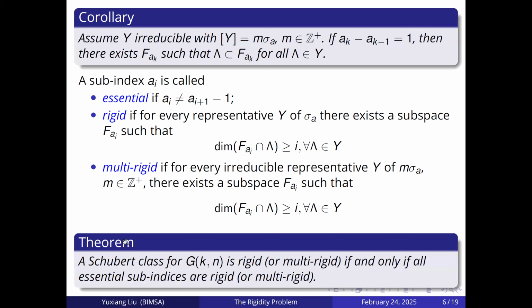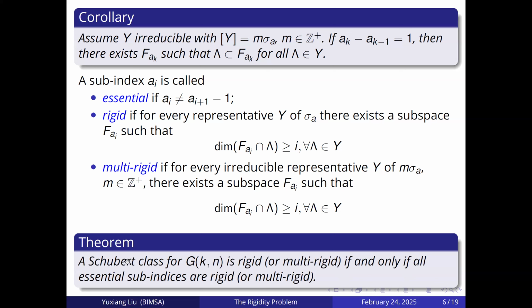The next theorem allows us to reduce the rigidity problem for Schubert classes to the rigidity problem for subindices. A Schubert class is rigid or multi-rigid if and only if all essential subindices are rigid or multi-rigid.